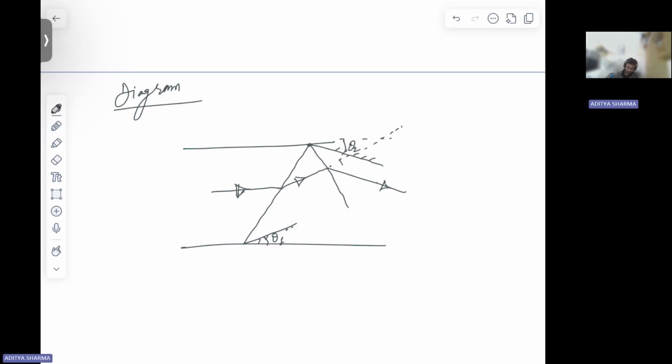Then this angle becomes theta 1 plus theta 2. And this angle becomes your beta 2. This becomes your beta 1, the shock wave angles. M1, region 1, region 2, region 3.